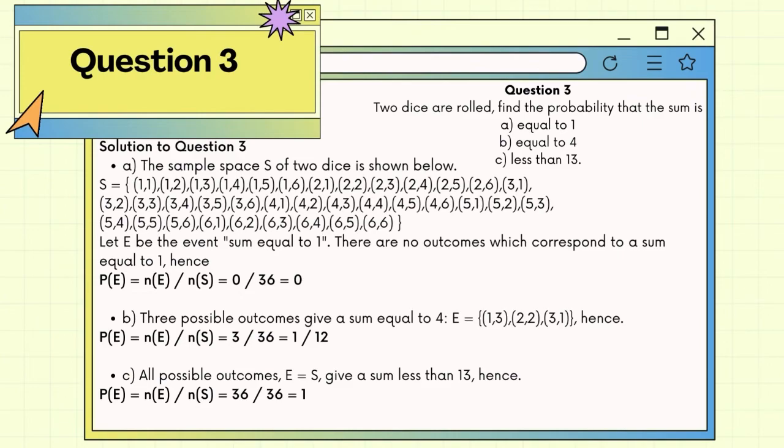And for C, all possible outcomes, E equals S, give a sum less than 13. And P(E) equals n(E) divided by n(S) equals 36 divided by 36 equals 1.